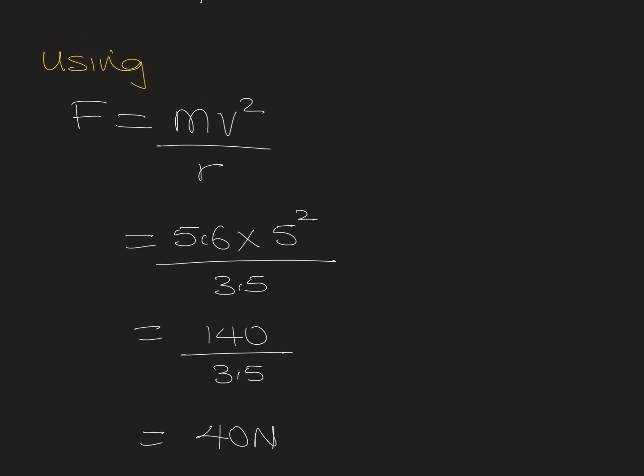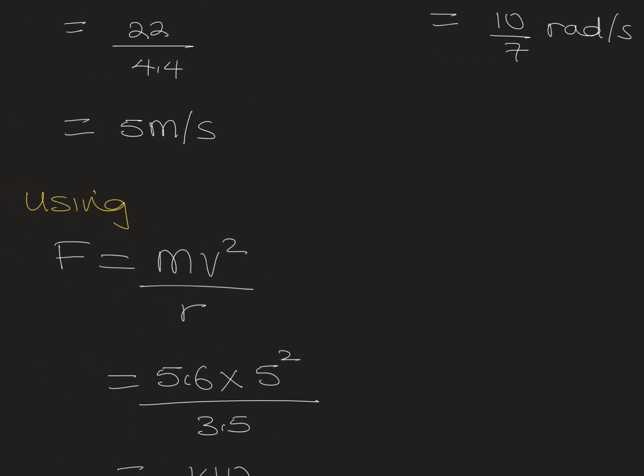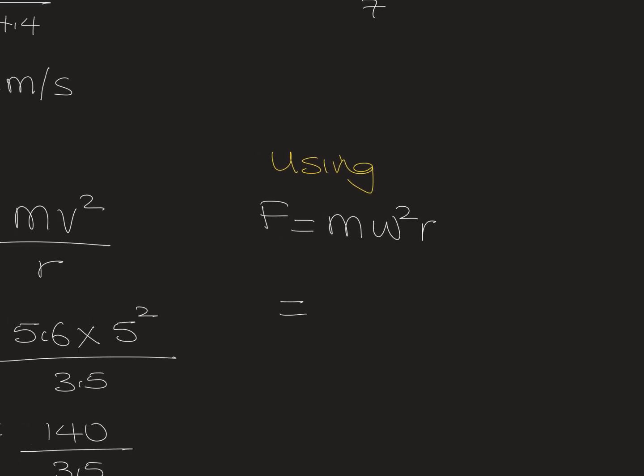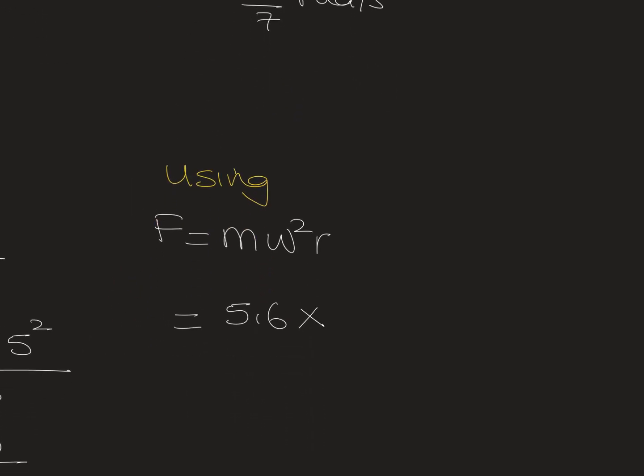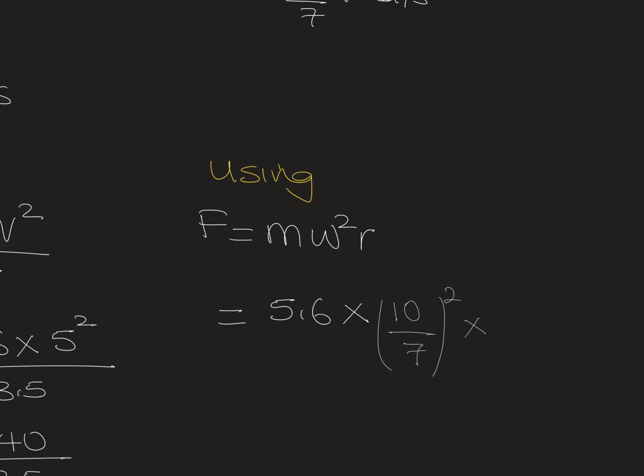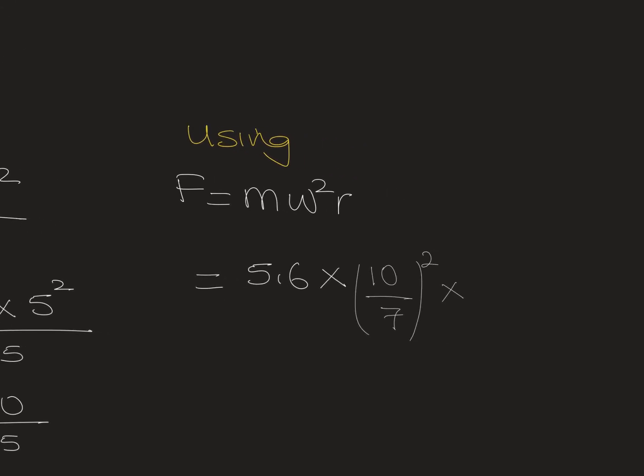But if we want to use F is equal to m omega square r, the mass of the object is 5.6 kilograms times omega, we calculated it as 10/7, so that has to be squared, times the radius, 3.5.